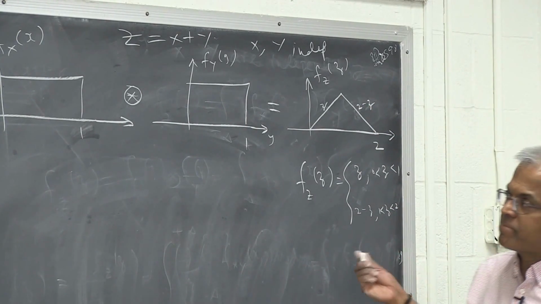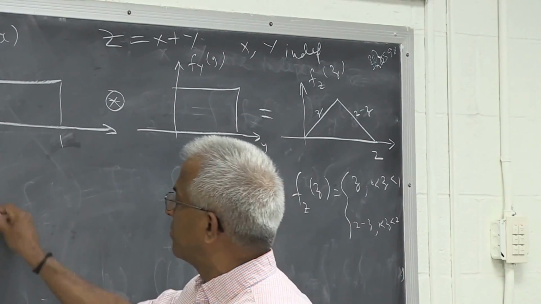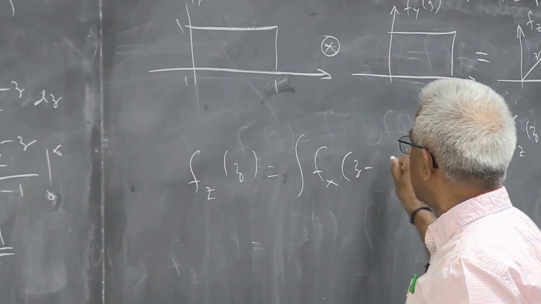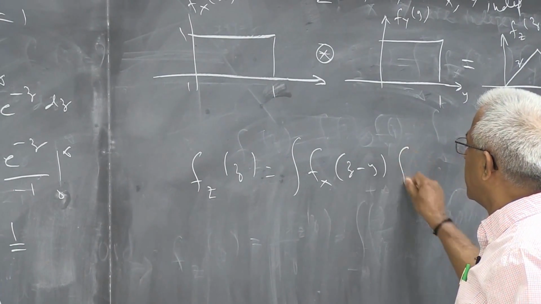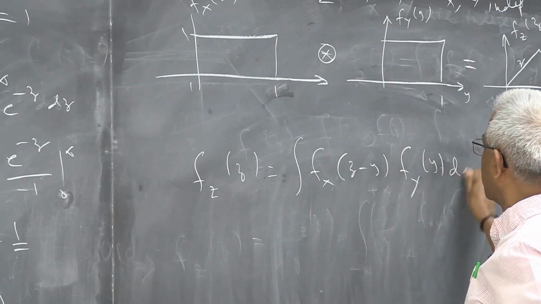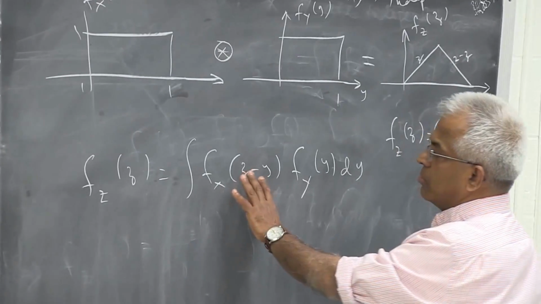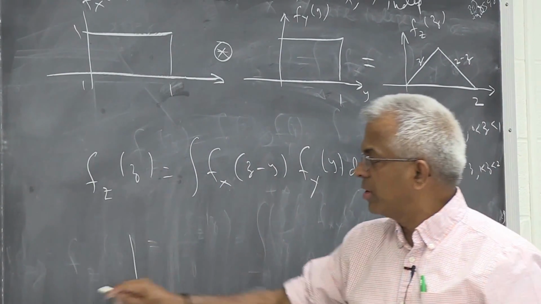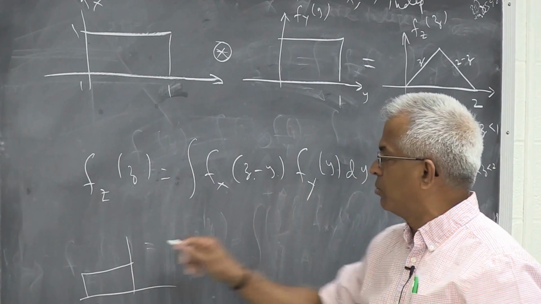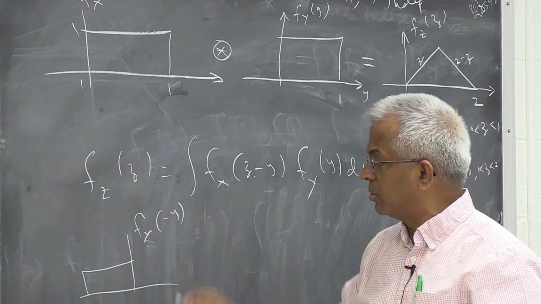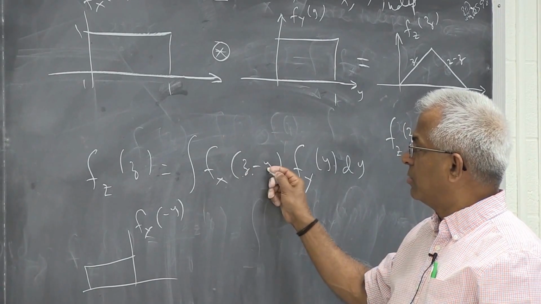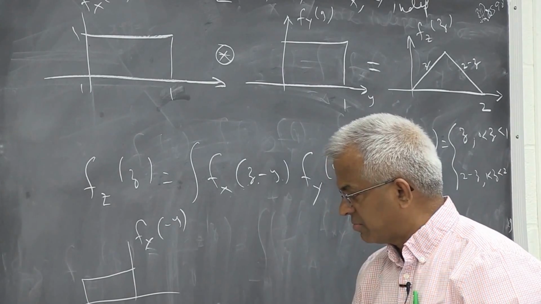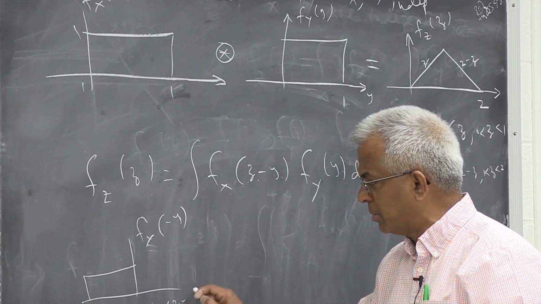So you know how to convolve. F of z is the integral of f x of z minus y, f y of y dy. So you take f x of x, then flip it, so you get f x of minus y, that's what you want. You go through the convolution steps, then you shift it by z so that you get a shifted version. This will be f x of z minus y.